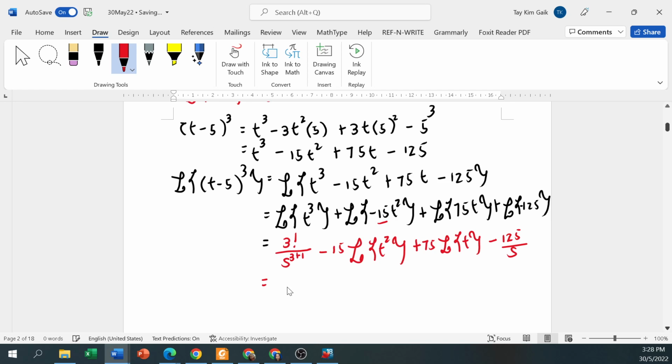So you have 6 over s to the power of 4. Laplace transform for t squared, you have 2 factorial divided by s to the power of 2 plus 1. Laplace transform for t is 1 factorial divided by s power 2.